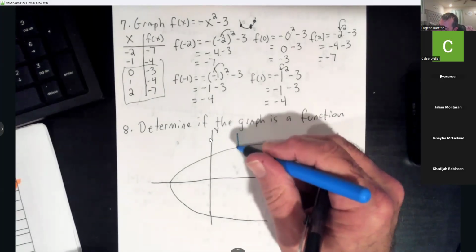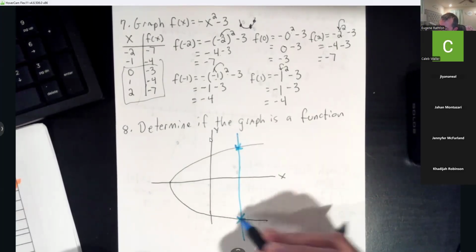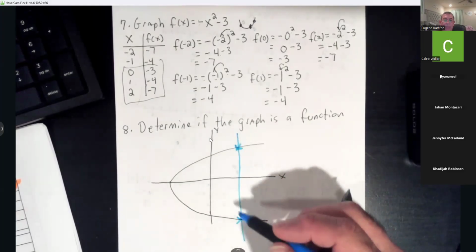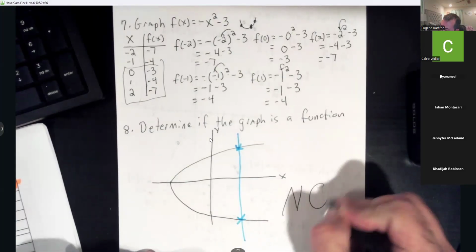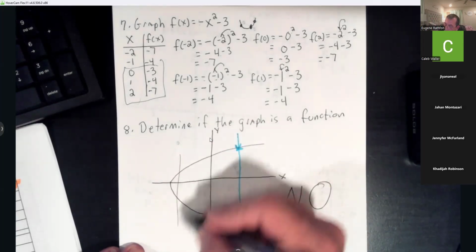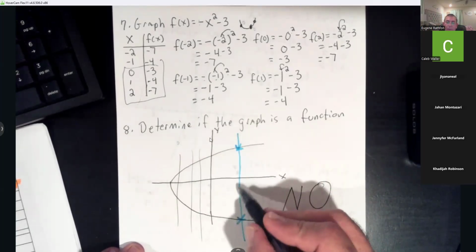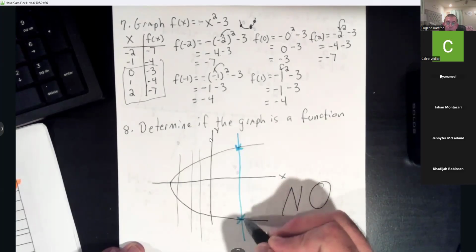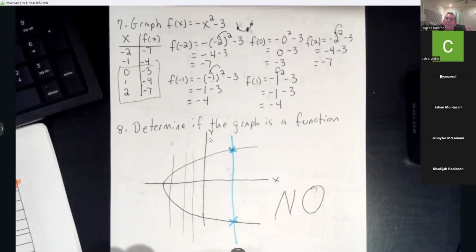Y'all, if you draw a vertical line through that graph and it hits more than once, it's definitely no on that one. And y'all, it didn't matter where I drew them vertical lines, it's hitting it twice almost everywhere. So that means this x got 2 choices, but remember a while ago, we said x's cannot have but one choice, okay?